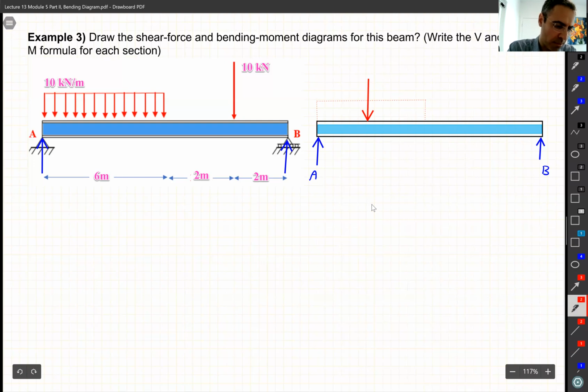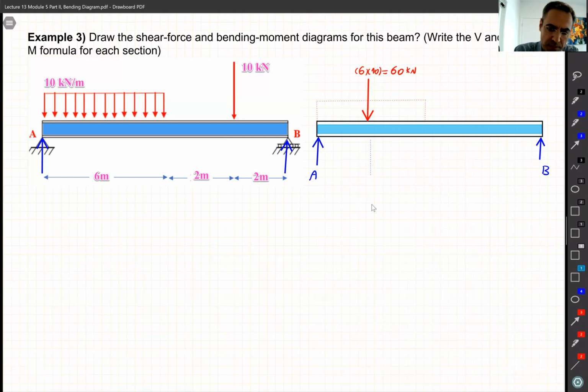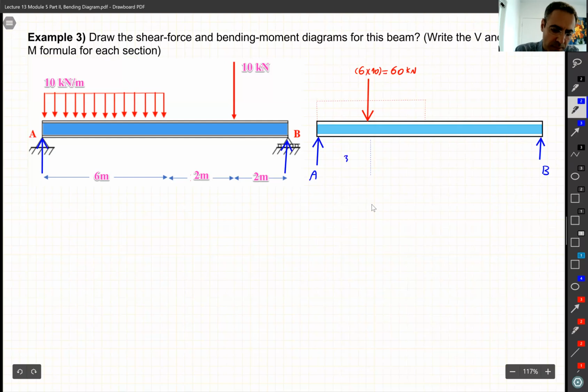The number is 10 multiplied by 6, which gives me 60. Let's keep all the units in kilonewtons and meters. And don't forget the distance, right here, it's 3 meters.